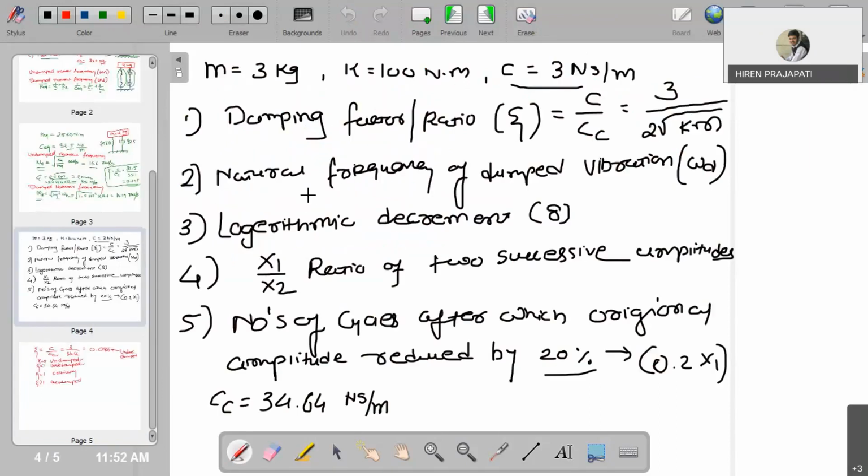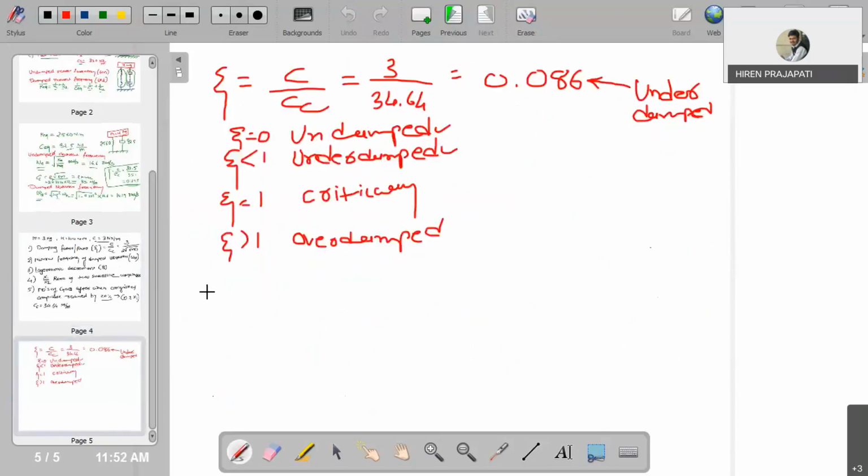Okay. Now next we need to find out natural frequency of damped vibration, omega d. First, we should write the equation of omega d: square root of 1 minus zeta square into omega n, right? So zeta we already have. We need to find out omega n. What is the equation of omega n?